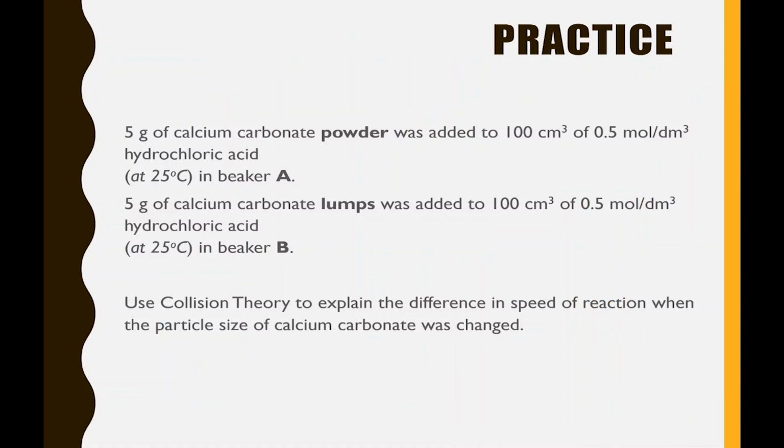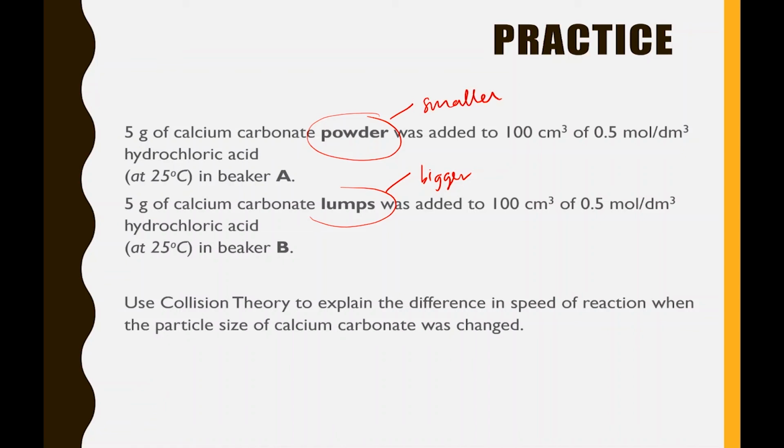Now let's practice. Again, same question. 5 grams of calcium carbonate was added to 100 cm³ of 0.5 mole per dm³ of hydrochloric acid. All conditions were kept the same except for the size. So one's powder and one is lump. Which one is bigger? Lumps are bigger. This is smaller.